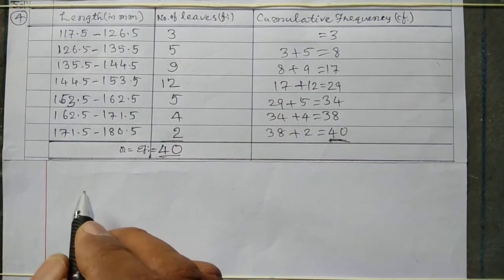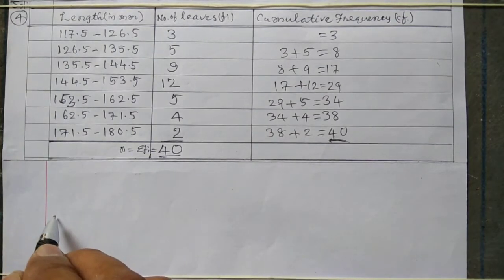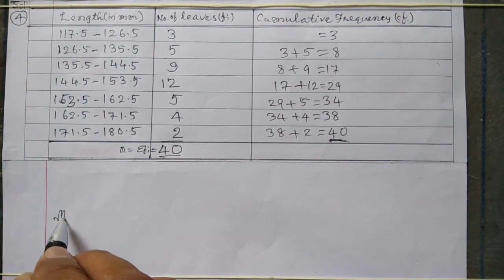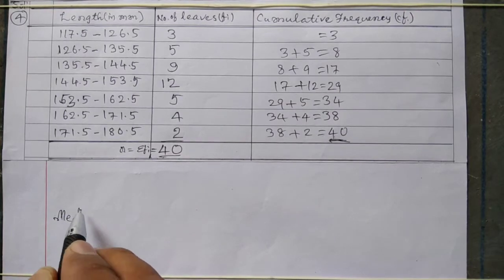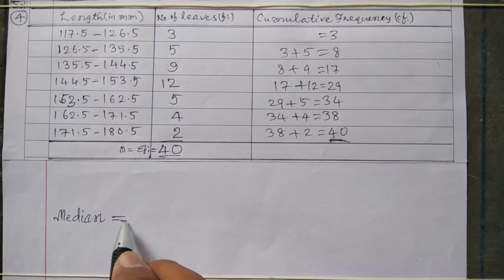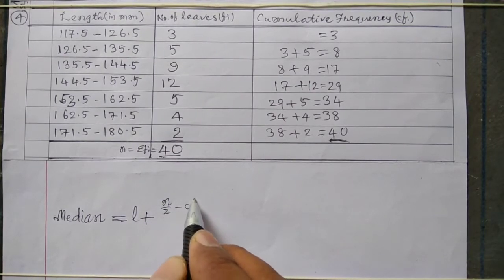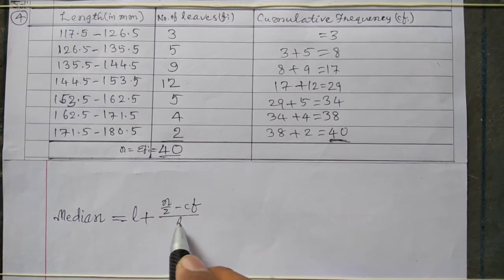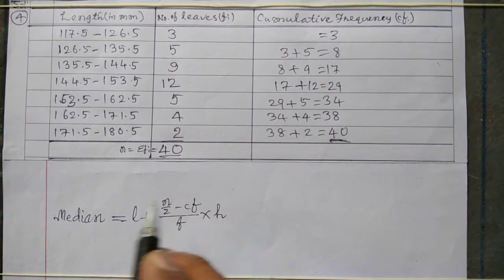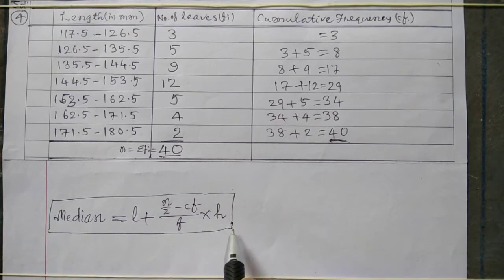Now we can find the median using this table. Median is equal to L plus (n by 2 minus CF) by small f into H. This is the formula to find the median.